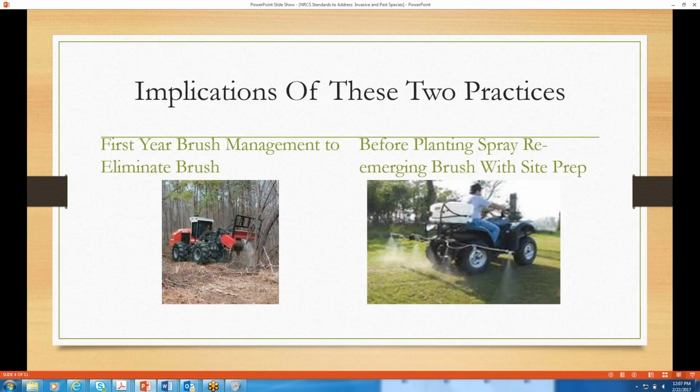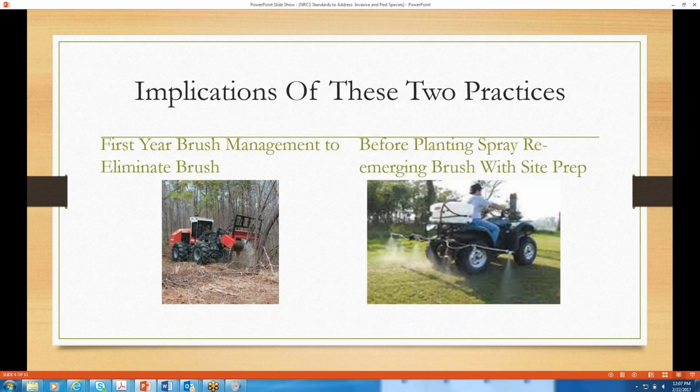The implications of these two practices is that you have to look at these in time. So it could be that in the first year you do brush management to eliminate the brush, and the next year, before you plant, you respray using site preparation to eliminate any of the re-emerging brush.